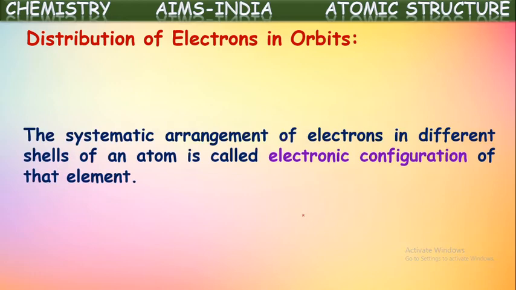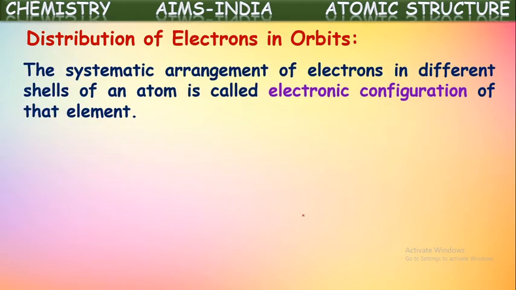Let us see that here. This systematic arrangement of electrons in different shells or orbits of an atom is called the electronic configuration of that element. For every element, electrons are arranged in a systematic way.